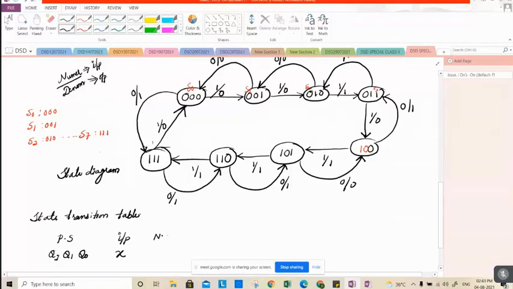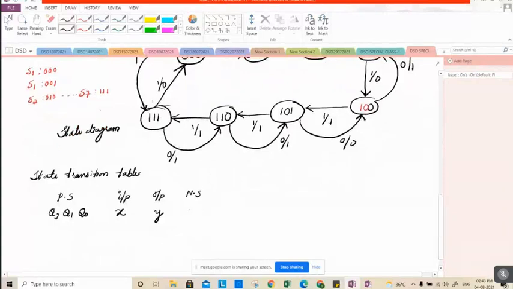Now the next states are represented with how many bits? Or you can represent Y here first. You can represent it any way. What about the output? How many bits is it? Only 1 bit, Y. The next state will be represented with how many bits? 3 bits, sir.